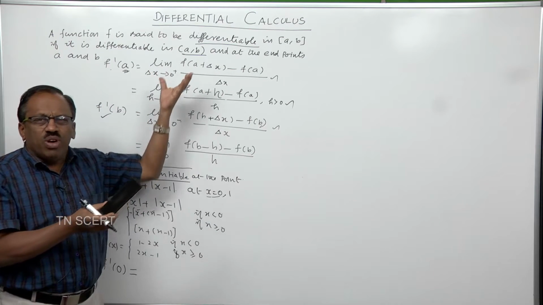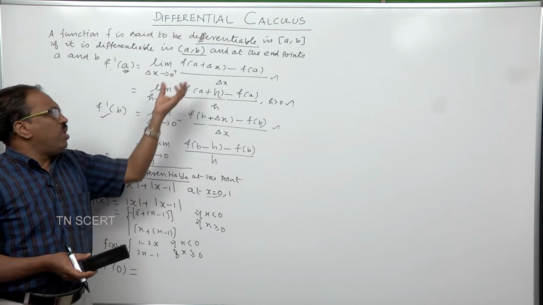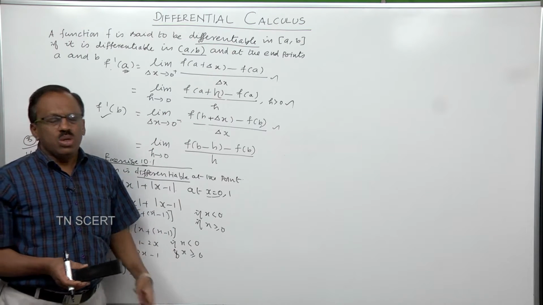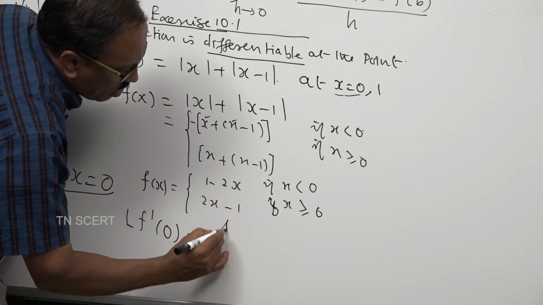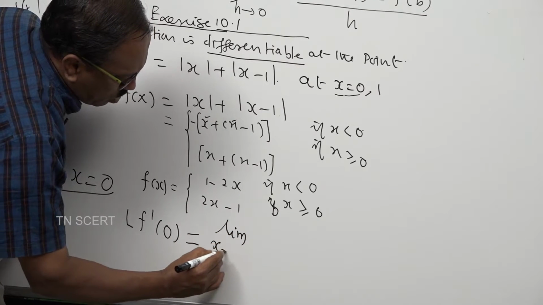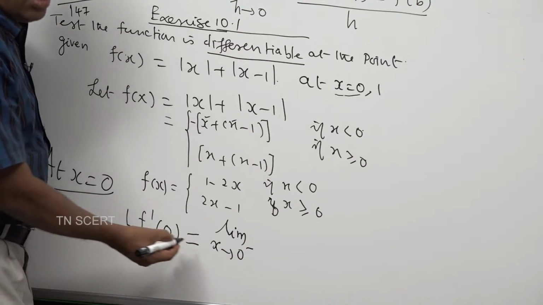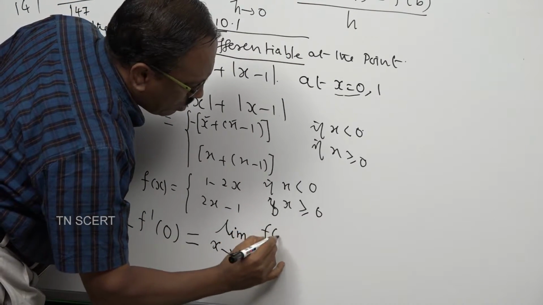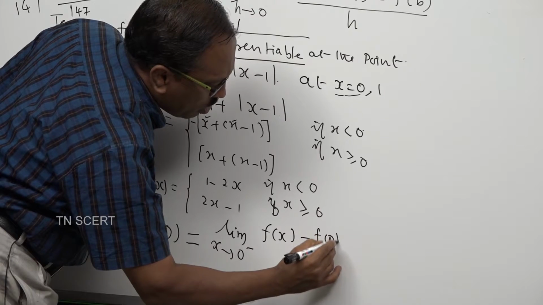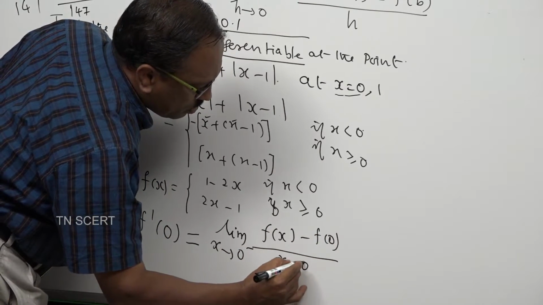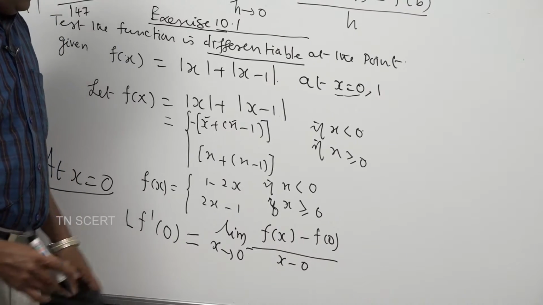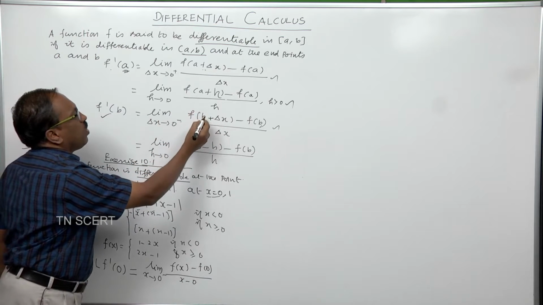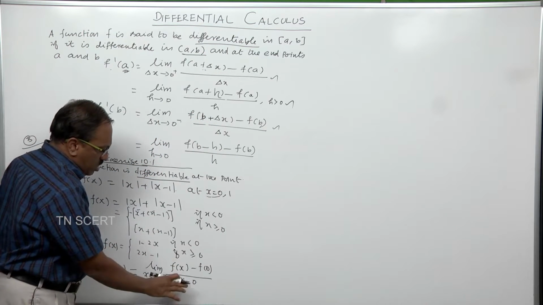The definition will be very helpful for doing this sum, and whenever you do any kind of problem, this definition carries over. So here, limit x tends to 0 minus, because it is the left limit, of f of x minus f of 0 divided by x minus 0. This is the definition I am carrying out for the left limit.